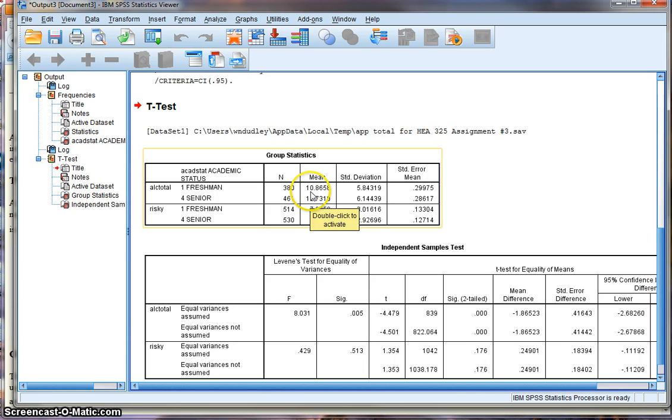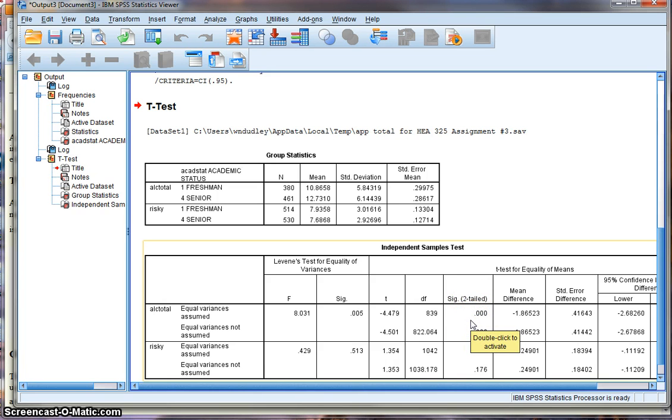My alternative hypothesis is directional, and I'm saying I think that one group is going to be higher. That's very different than saying they're just going to be different. When I say they're just going to be different, that's this two-tailed hypothesis down here.